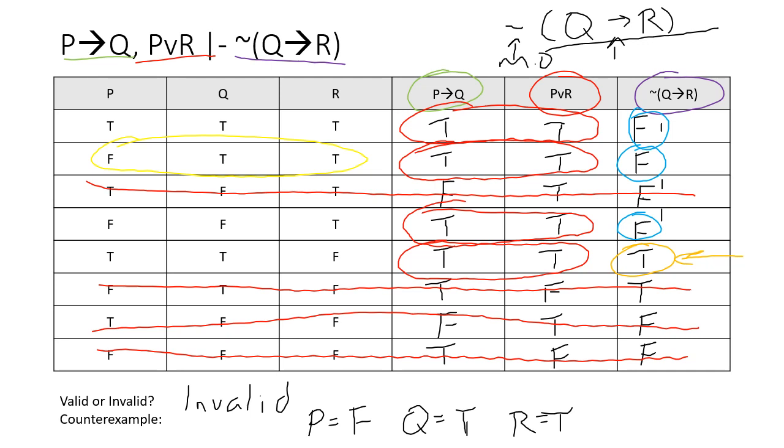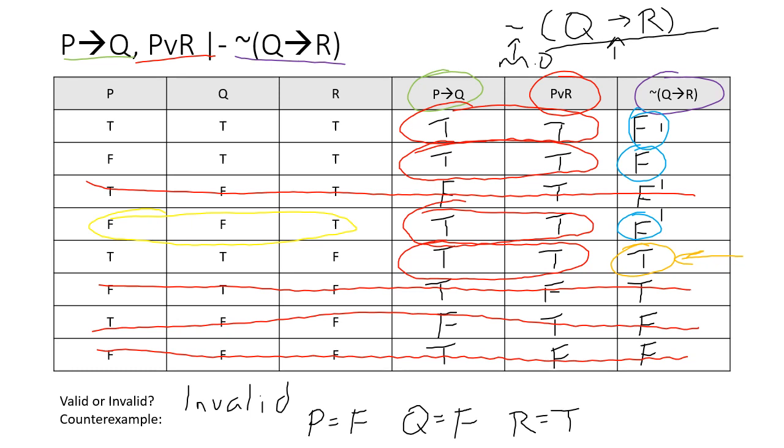Or you can list these such that it is false, false, true. Any one of those works. You only need one counterexample when it's invalid.